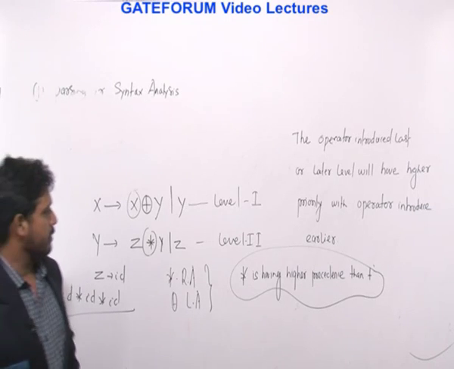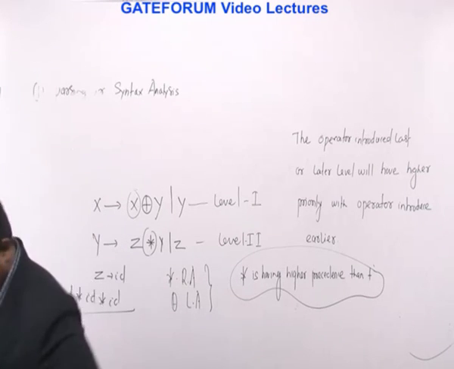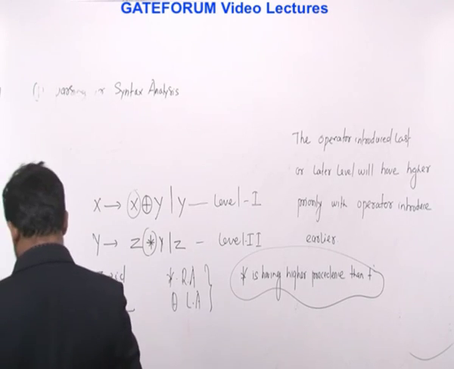So this is about precedence and associativity. Let's solve a few more problems here in this case. Associativity and precedence.